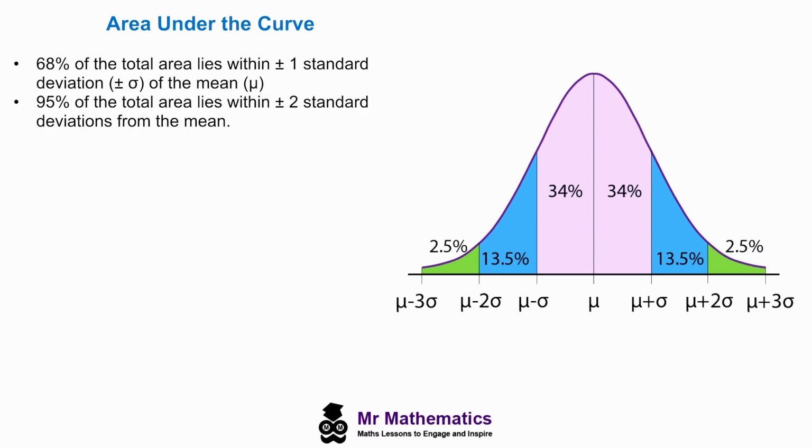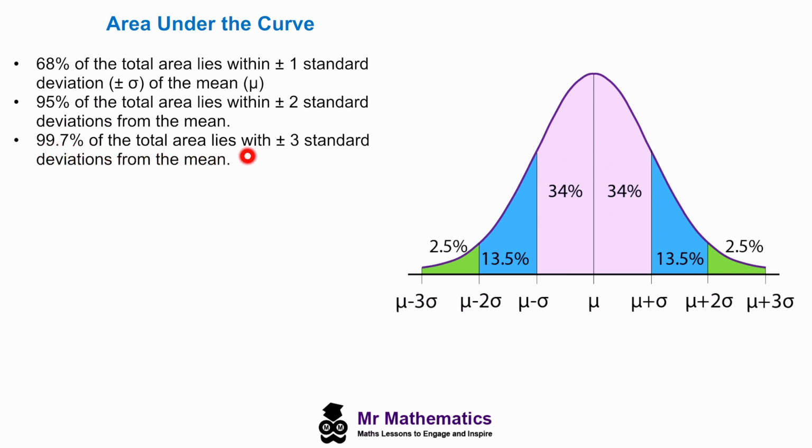And because it is symmetrical, 95% of the total data lies within plus or minus two standard deviations of the mean. That would be from here to here. And 99.7% of the total data lies within plus or minus three standard deviations from the mean. Now, we approximate this 99.7 to 100, so our percentages work out quite nicely.